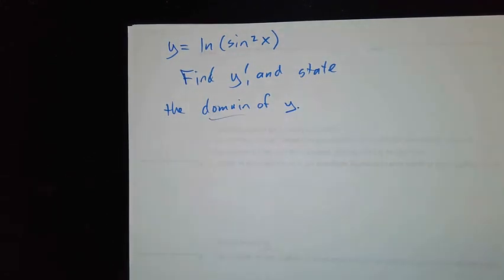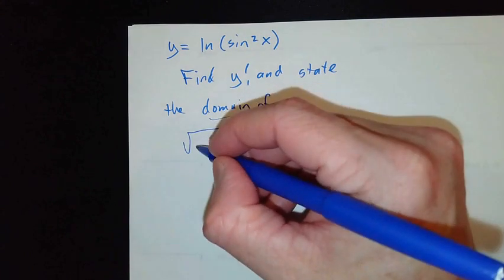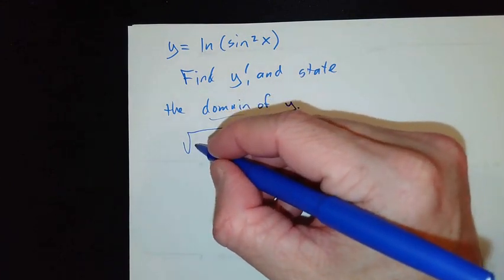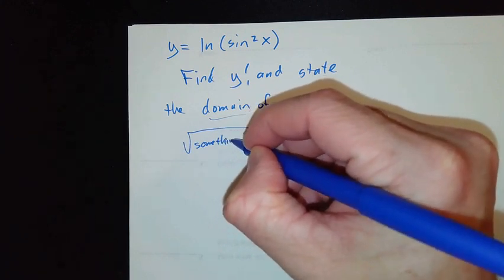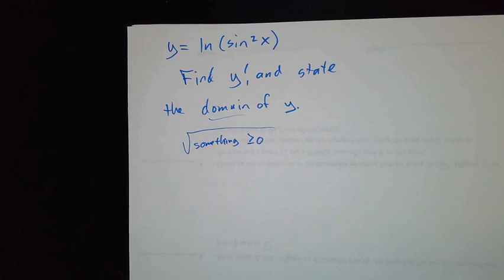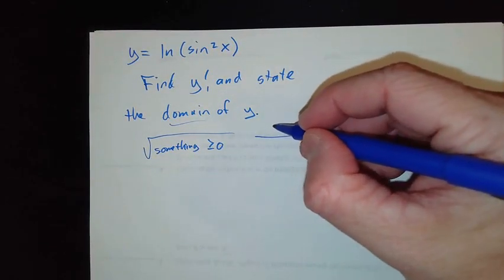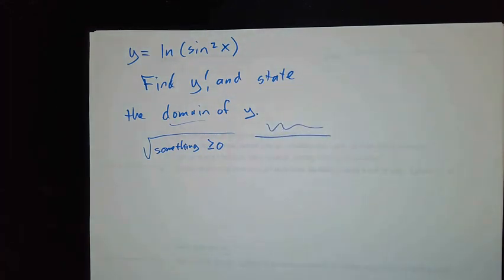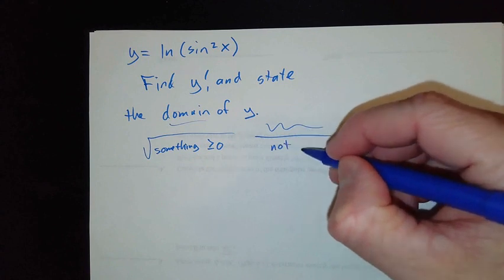And this is just something we haven't talked a lot about. But when we talk about domain, we need to just make sure that when we take the square root, we're doing something greater than or equal to 0. If I'm doing a fraction, it doesn't really matter what the numerator is, but I just have to make sure that the bottom is not 0.